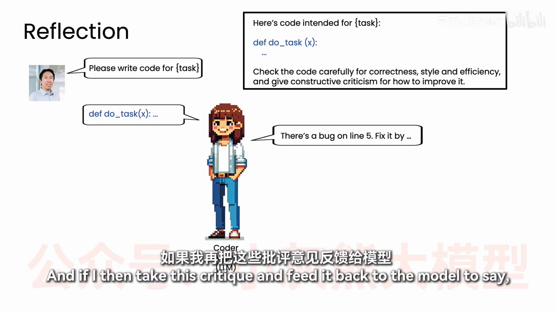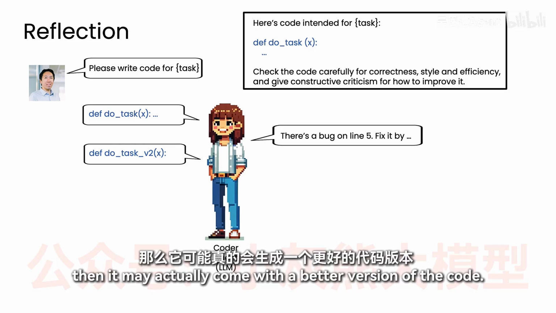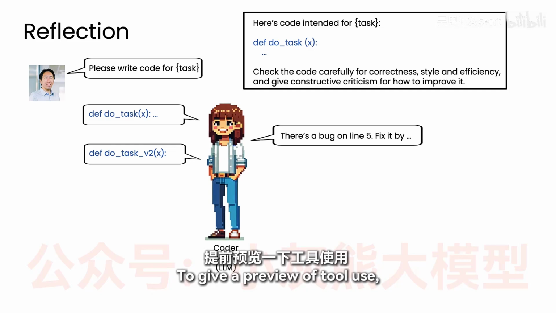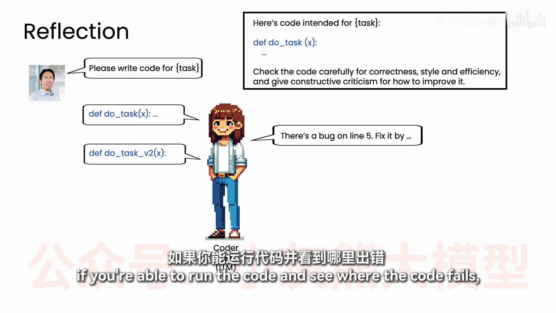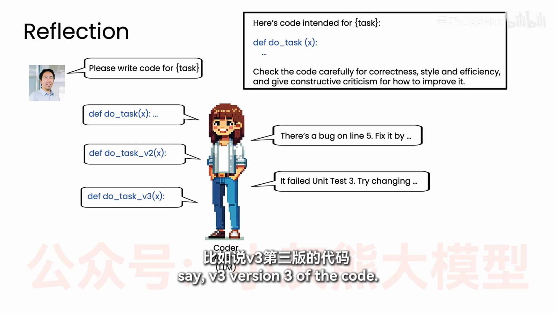And if I then take this critique and feed it back to the model to say, looks like there's a bug, could you change the code to fix it? Then it may actually come up with a better version of the code. To give a preview of tool use, if you're able to run the code and see where the code fails, then feeding that back to the LLM can also cause it to be able to iterate and generate a much better, say, V3, version 3 of the code.